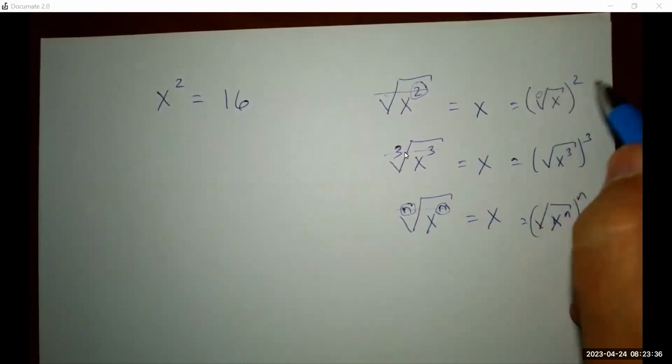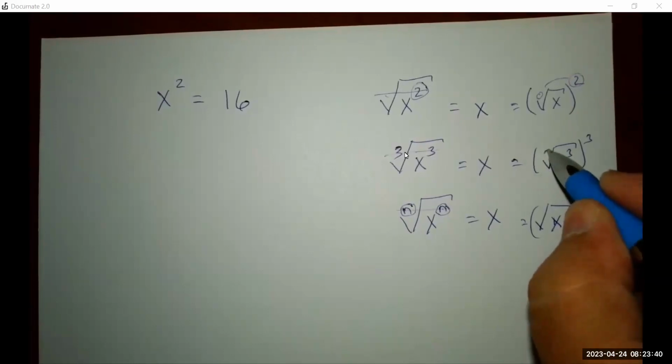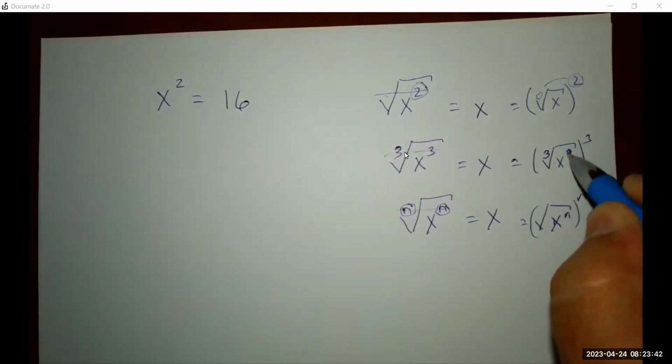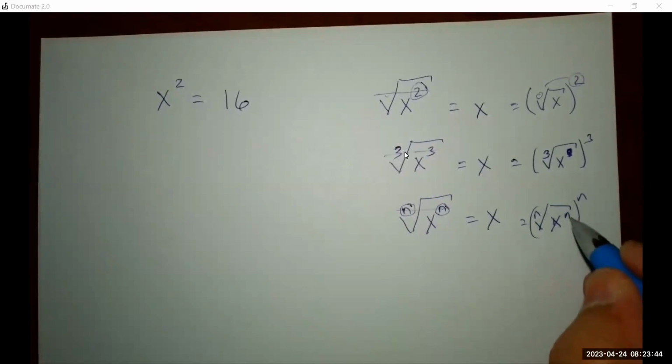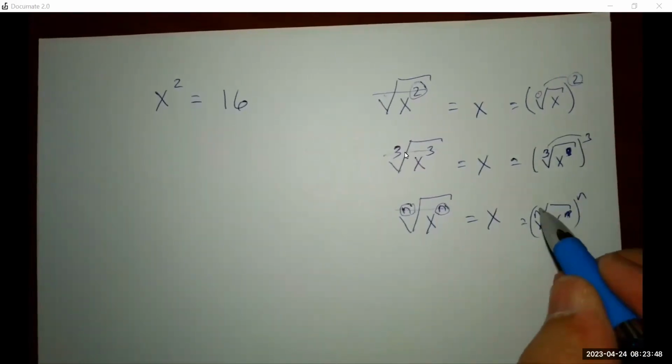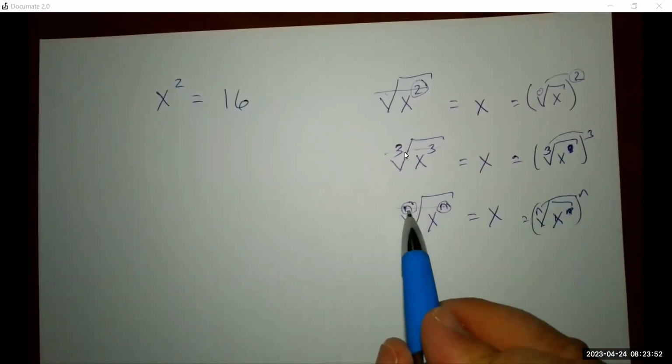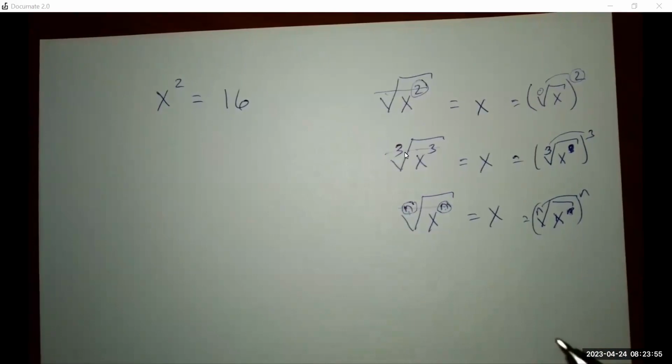This is cube. Sorry. If the root and the exponent are the same, they cancel each other out. Same thing here. If the root and the exponent are the same, then they cancel each other out.